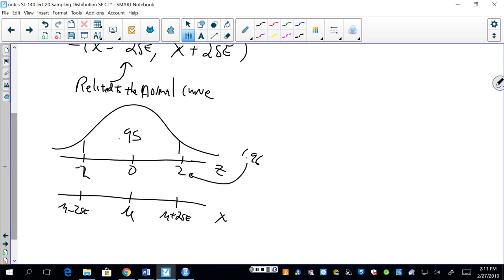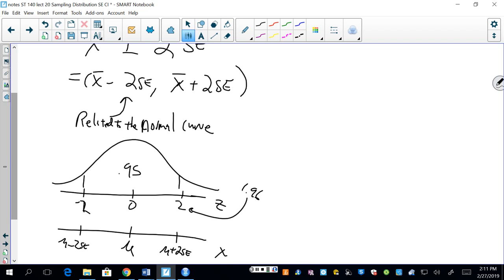So some places will present it as X bar plus or minus 1.96 standard errors. That's fine, if you know the standard deviation. But it's about 2. I think conceptually, if the spread is about plus or minus 2 standard deviations, we replicate that in our confidence intervals.